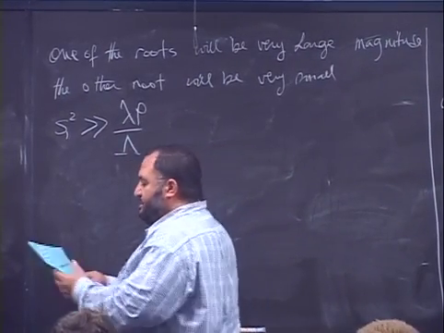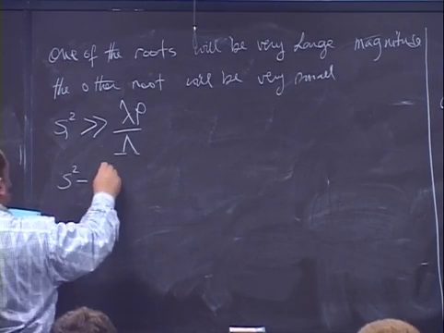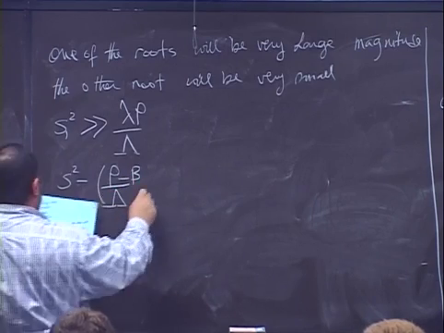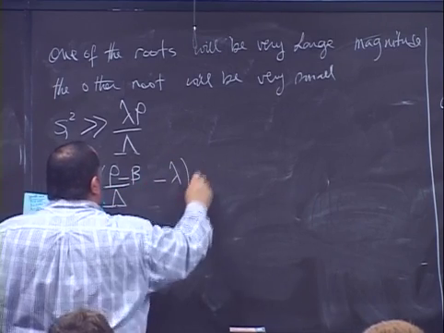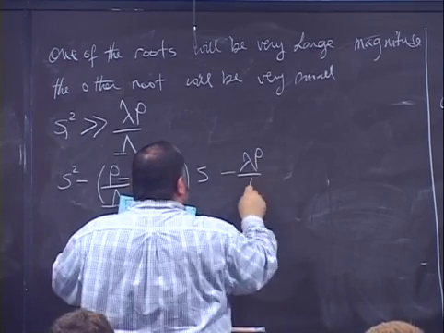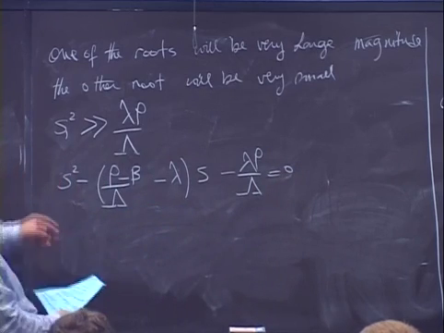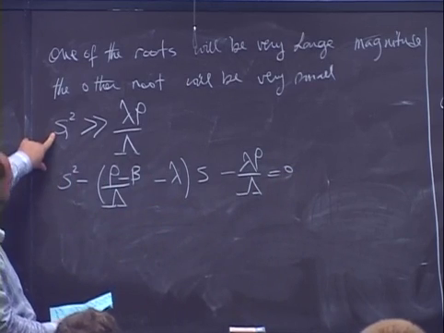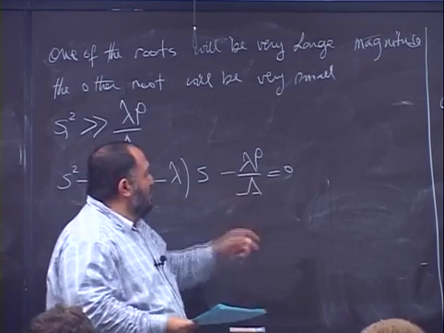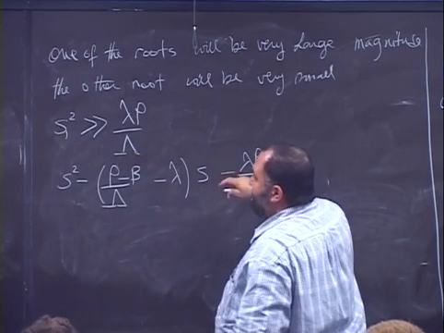Our equation was S² minus (rho minus beta)/gamma minus lambda multiplied by S minus lambda rho over gamma equal to 0. So if the first root S1 is very large compared to this quantity, lambda rho over gamma, what's rho? What's lambda?